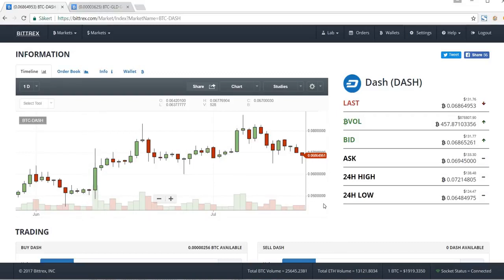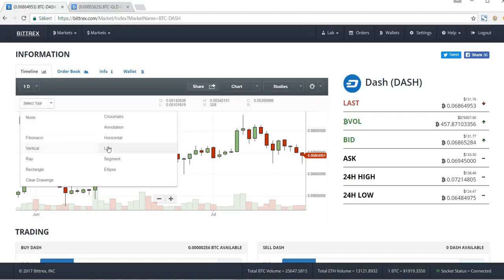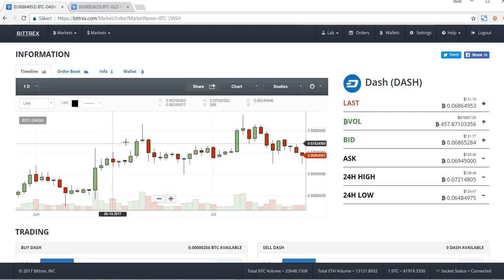So one thing we could do here is use the drawing tool. Up here we can select tool, and then we can click on line. I mentioned before that we had the downtrend the last 10 days. So we're going to draw a line from the top here.